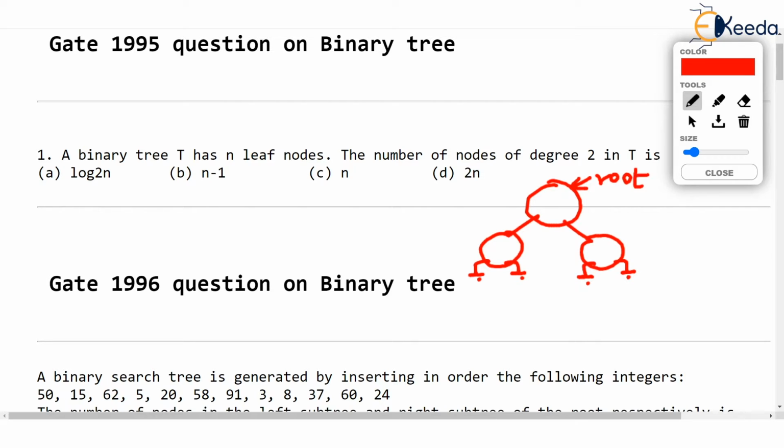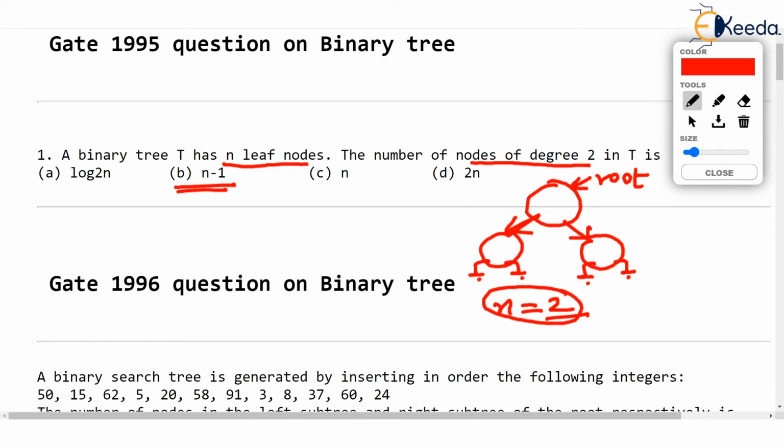So n is 2. How many nodes have degree 2? This root has degree 2 because it has two children. So when the number of leaf nodes is 2, the number of nodes of degree 2 is exactly 1. It seems that n minus 1 is the correct option.